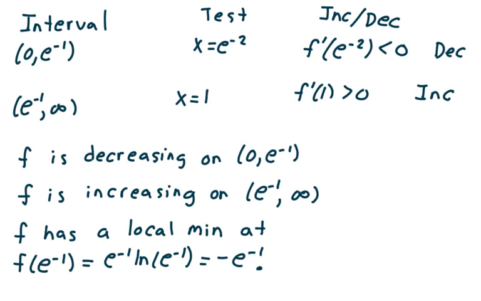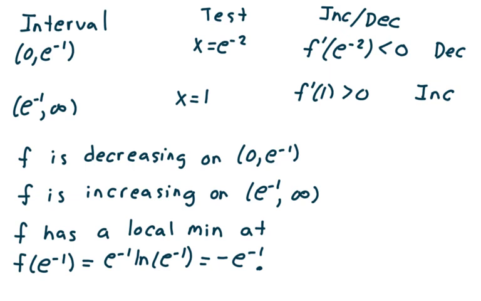f prime of e to the negative 2 is less than 0, so f is decreasing on the interval 0 to e to the negative 1. Testing x equal 1, we see that f prime of 1 is greater than 0, and so f is increasing on the interval e to the negative 1 to infinity.